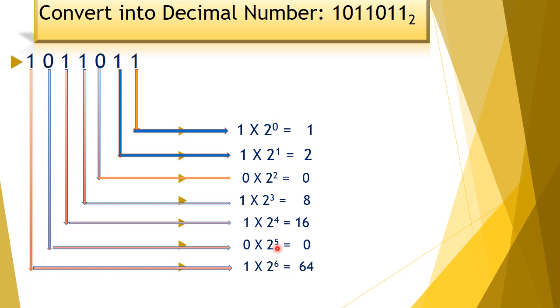So we see here each digit, beginning from the rightmost digit to the leftmost digit, is multiplied by power values of 2 starting from 2 raised to the power 0 to 2 raised to the power 6. So the power values are in increasing order.